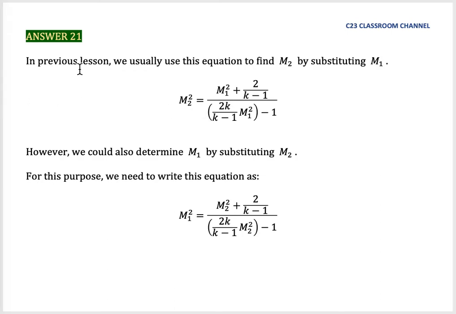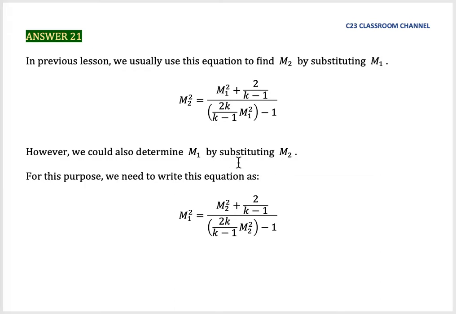In the previous lesson, we usually use this equation to find M2 by substituting M1. So this is the common equation that we have. However, because we are dealing with compressible flow without any losses between before the shock wave and after the shock wave, we could use a similar equation to determine M1 by substituting M2.